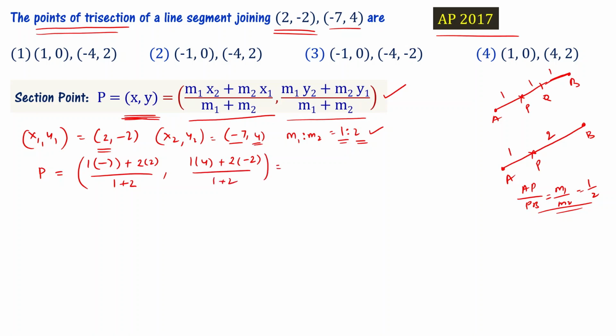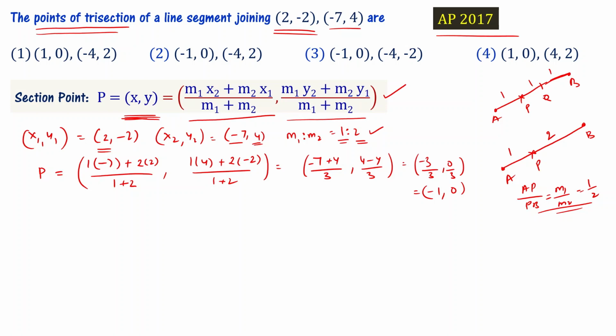This can be written as minus 7 plus 4 divided by 3, comma, 4 minus 4 divided by 3. This can be written as minus 3 by 3, comma, 0 by 3. This is equal to minus 1, comma, 0.